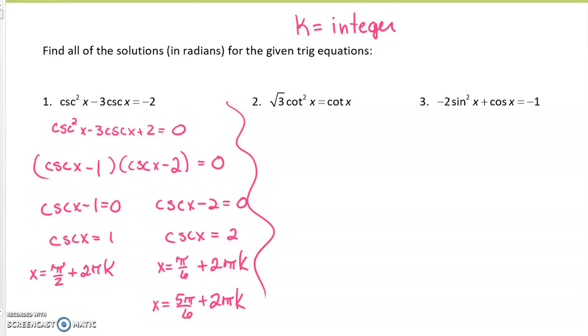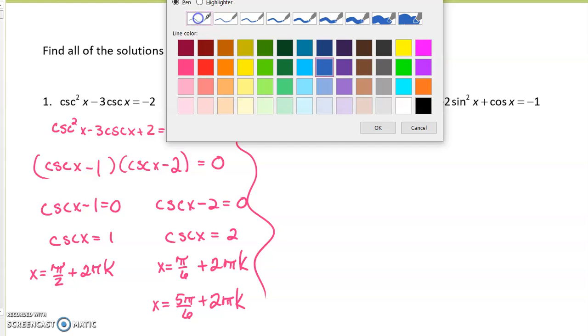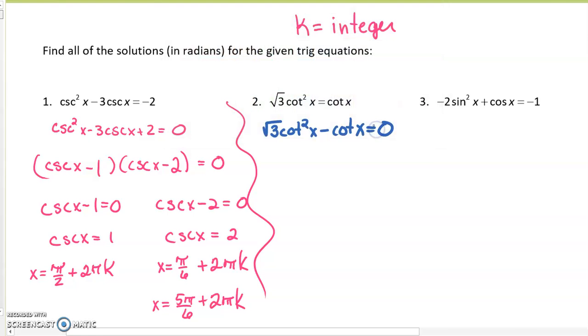One of the biggest mistakes made at this point in time is that students will divide through by cotangent, which will eliminate some of their solutions. That means you have a GCF. So let's go ahead and get this set equal to 0. Okay.